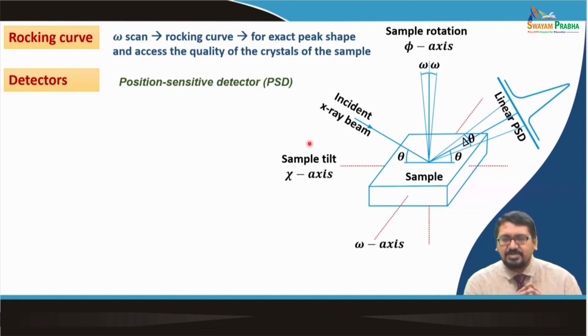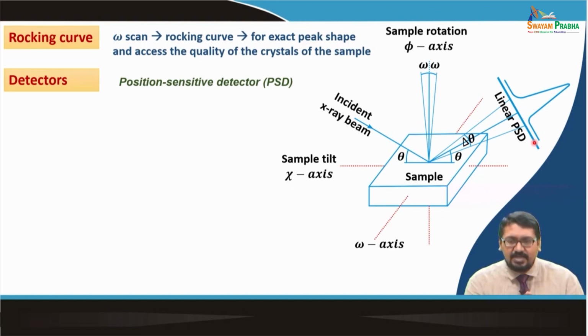At the same time, we are showing this along with a linear position sensitive detector. You see, a linear position sensitive detector is one dimensional, it has a length. So, it can take intensities from more than one h k l plane which are diffracting at different thetas, right, and this diffraction may not follow the Bragg-Brentano focusing condition, but still it will diffract.